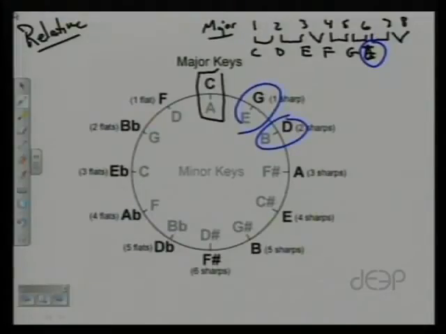So really all we're dealing with here is this concept of relative minors and that every major key has a very closely associated minor key with it.